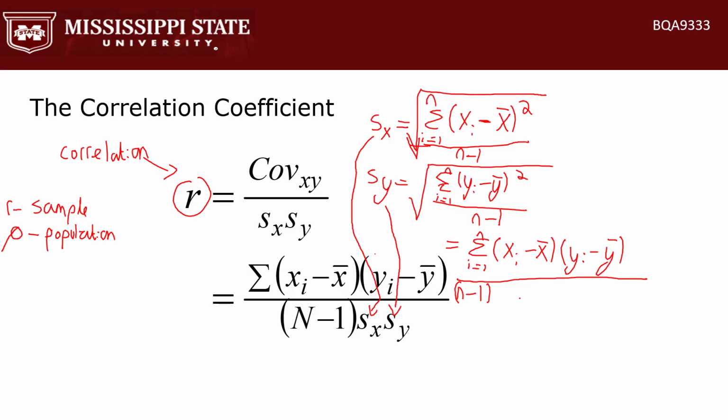n minus 1. And then we have the square root of the sum of xi minus x bar squared all over n minus 1, square root.